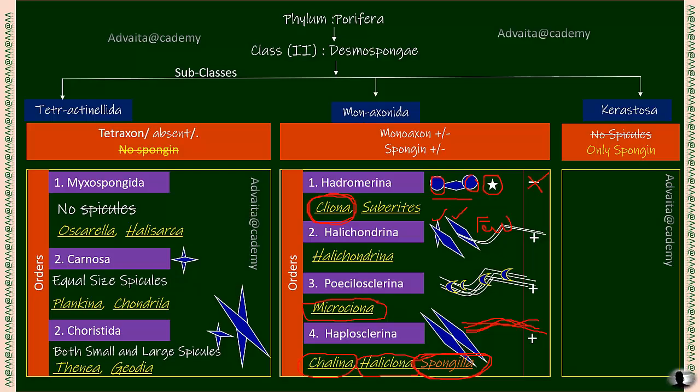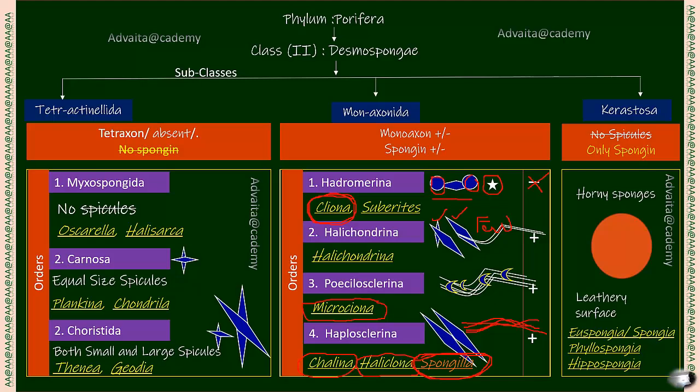Remember. Now come to the last one, that is Keratosa. It is very important because it is a horny sponge. There are a lot of projections coming out of the sponge and they are very dull in color.